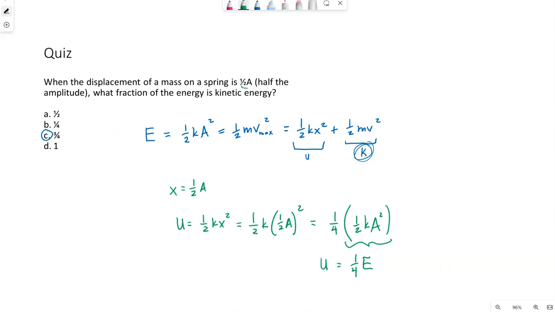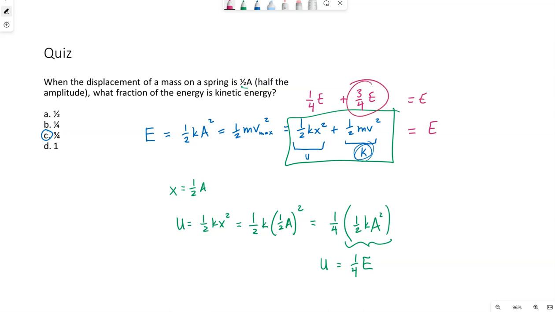So at this moment in time, the potential energy is 1/4 of the total energy. But the potential energy plus the kinetic energy have to add up to be the total energy. So if this is 1/4 of the total energy, this has to be 3/4, the rest of it, so that they add up to the total. And this is why the fraction of energy that is kinetic is 3/4.